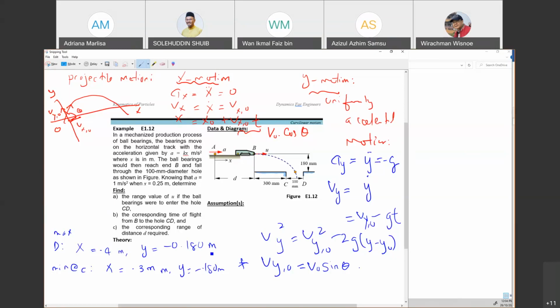Now you start to find the uniform motion in X direction.